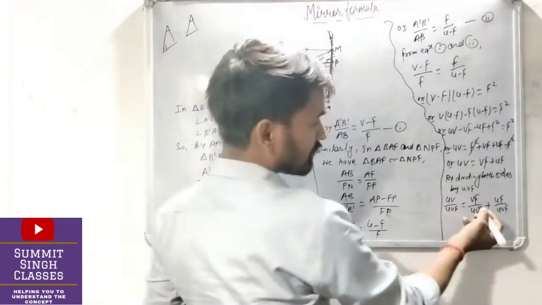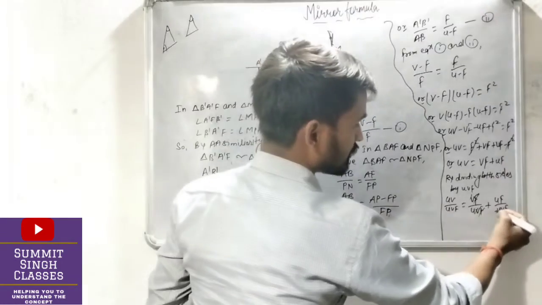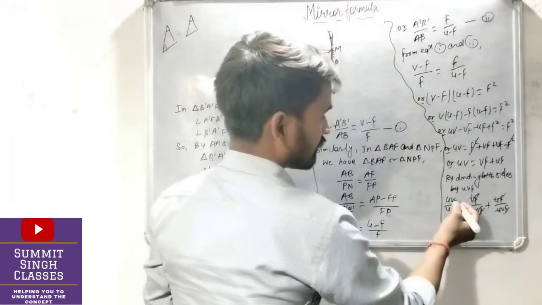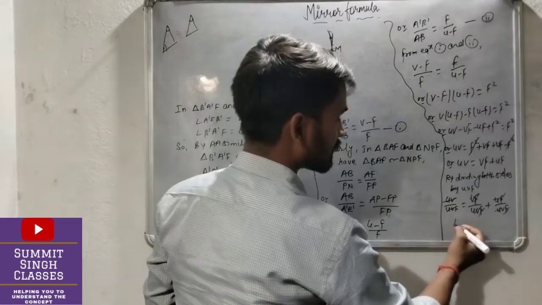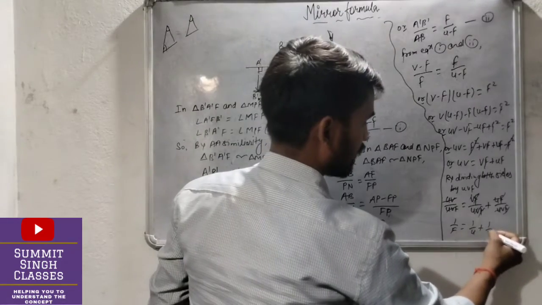F cancels with f, v with v, u with u, and uv with uv. What remains is 1 by f is equal to 1 by u plus 1 by v.